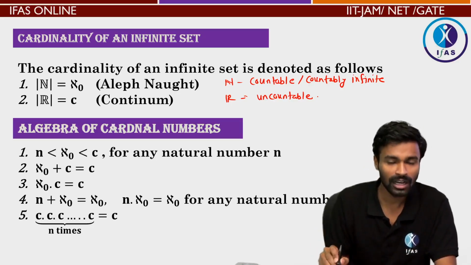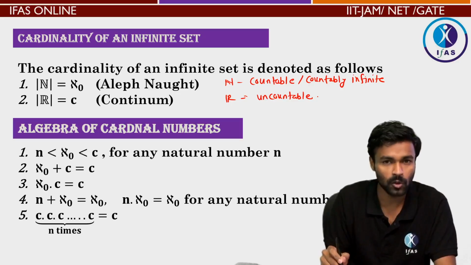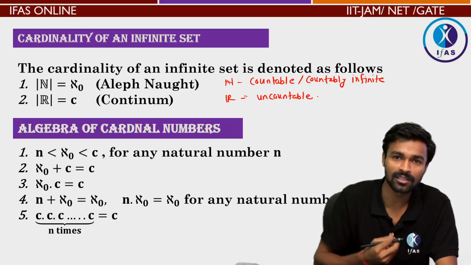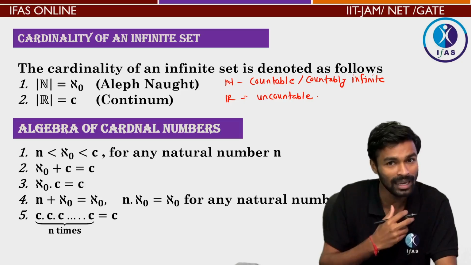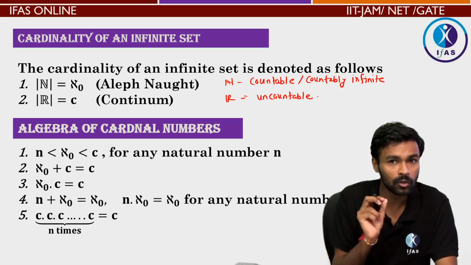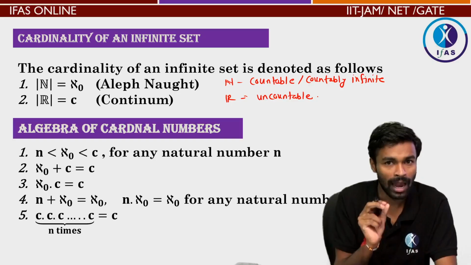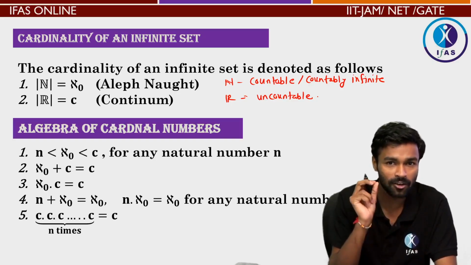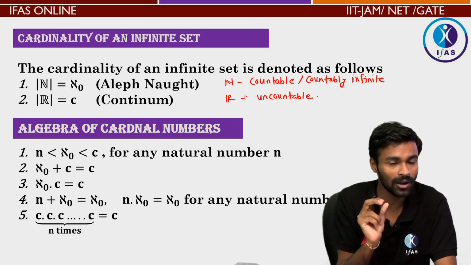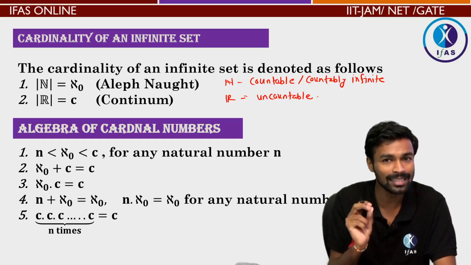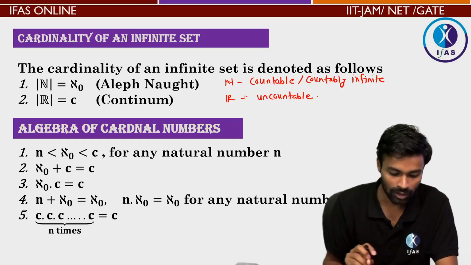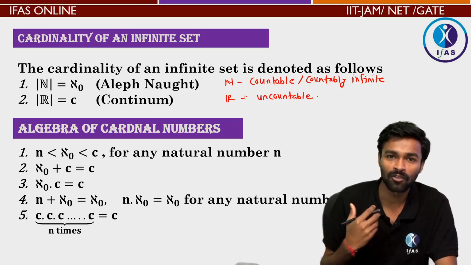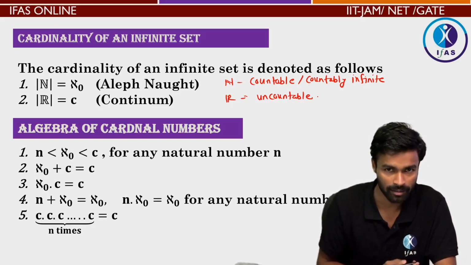After that, the fourth one, n plus aleph naught is equals to aleph naught, and n into aleph naught is again equals to aleph naught, and this is true for any natural number. This is not true for n is equals to 0. Therefore, we have taken N as the set of natural numbers. Okay, so set of natural numbers does not contain element 0. Or the next one, the n times multiplication of continuum is again continuum.